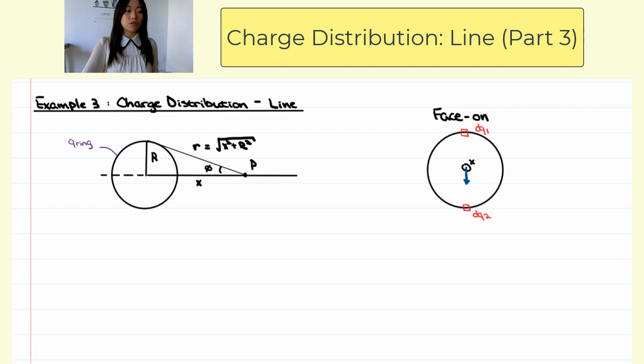I can only draw 2D, so you have to use some imagination. This is my dE1. Similarly with my dq2, the electric field at point P will be outward and upward. And let's call this dE2. So now the two vectors are like this, at an angle, and it's outward.